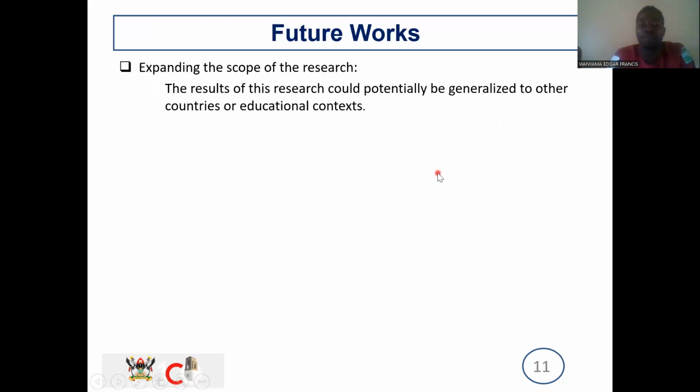Then the future work: we plan to expand the scope of our research. Currently, our research is only in Uganda, but with time we plan to take it as far as East Africa and expand to South Africa, even West Africa and Central Africa, such that we can improve the education system in our mighty continent, Africa.